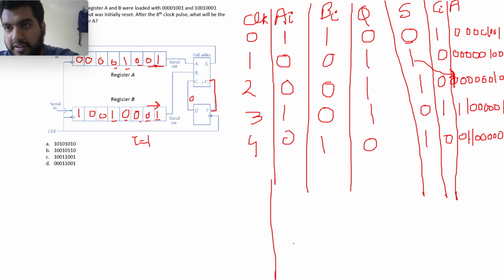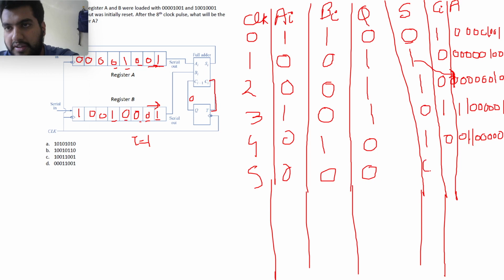So similarly we can fill up the contents. I'll just show quickly for 5, 6 and 7, then I'll show this 8th one. So it will be 0 0 0 0 0, it will be 1 0 1 1, 4 zeros.